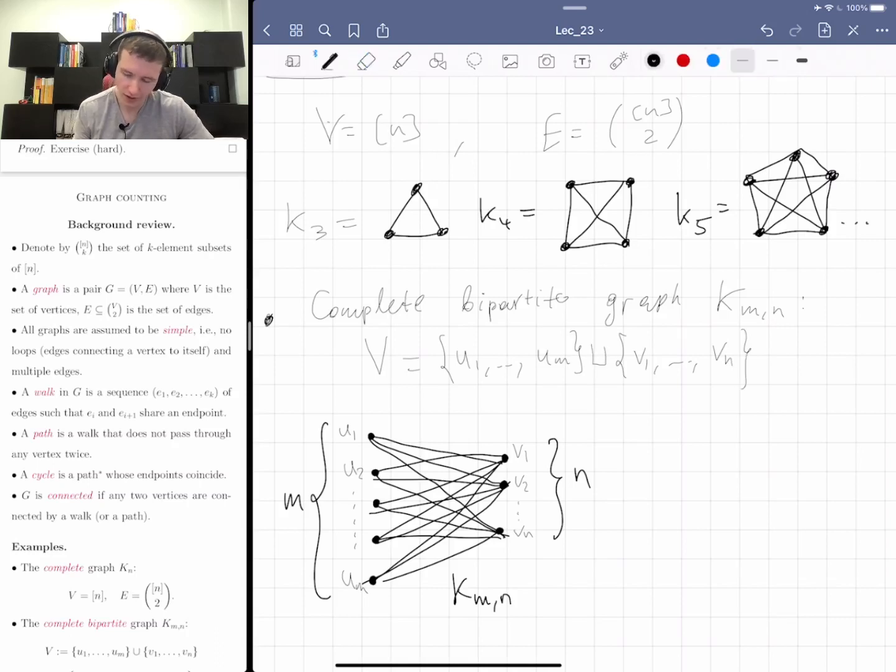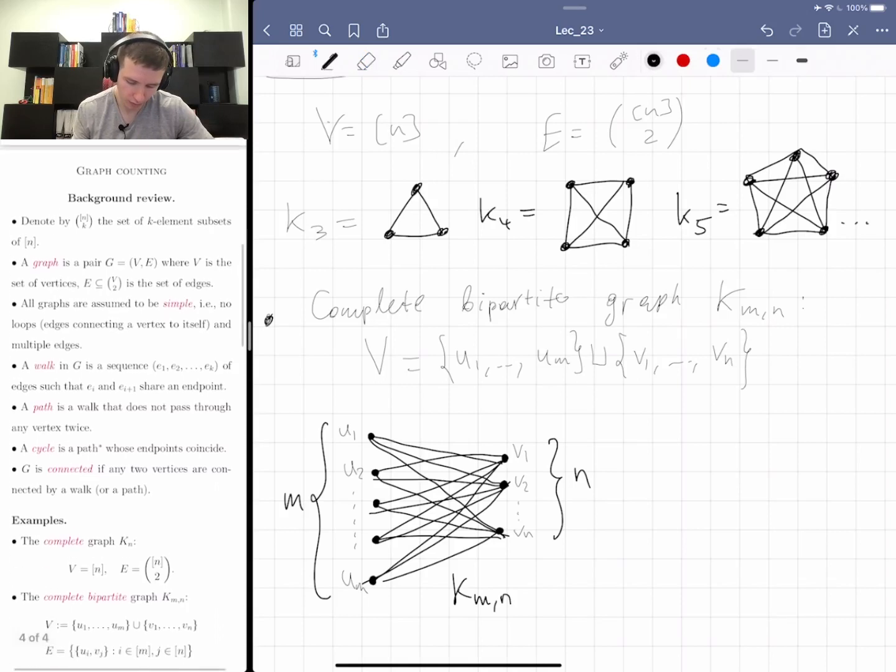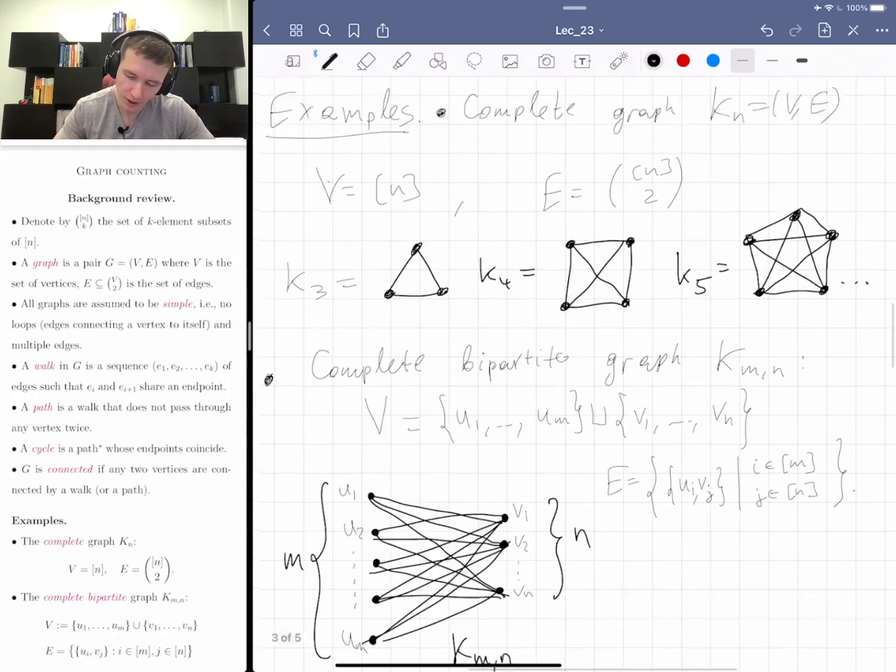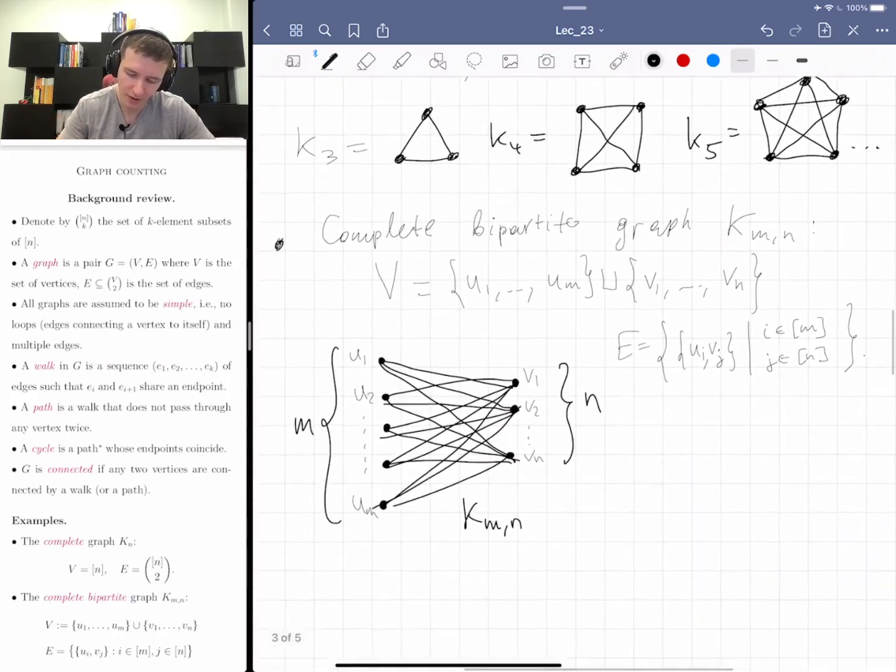And the edge set is then all pairs ui comma vj, where i belongs to bracket m and j belongs to bracket n. So these two are going to be pretty interesting to us. We're going to count some things about them.